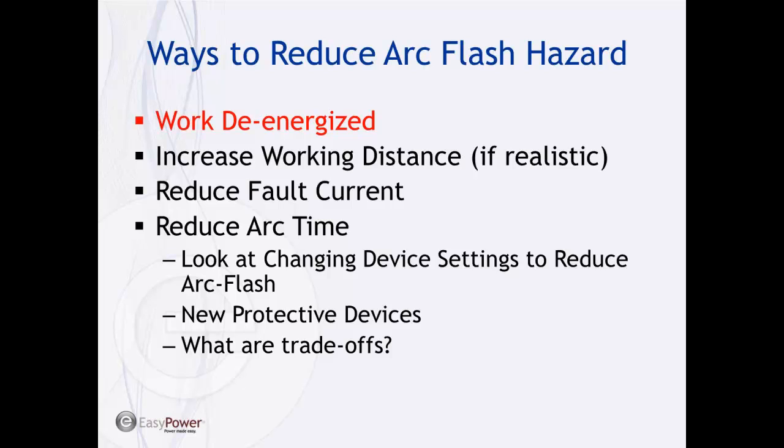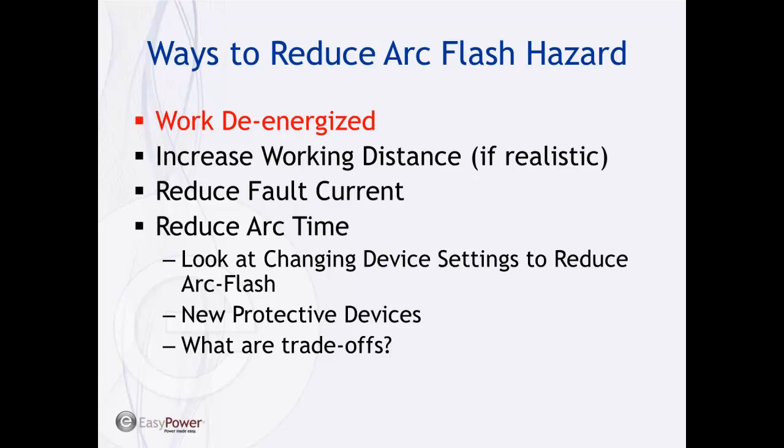Maybe you add multiple transformers that are, for instance, 1000 kVA apiece. Your fault current will be lower with the smaller transformers. Other ways that you might reduce fault current is by adding impedance to the system through cabling or, for instance, current limiting reactors. The method that we're going to discuss today has to do with reduction of arc time.